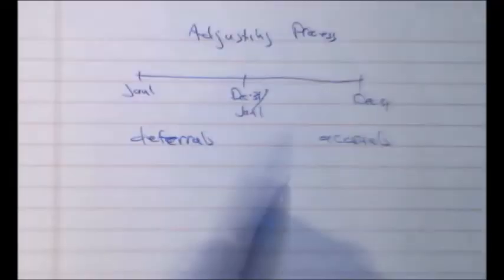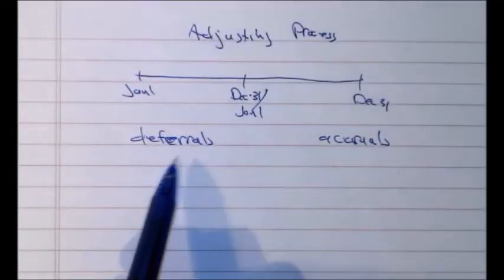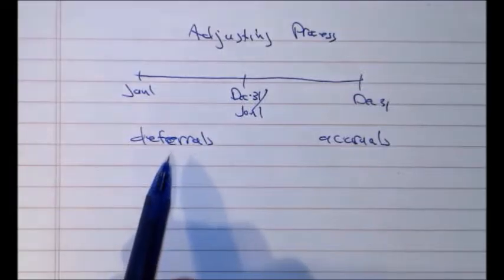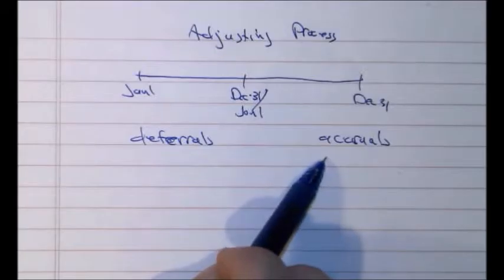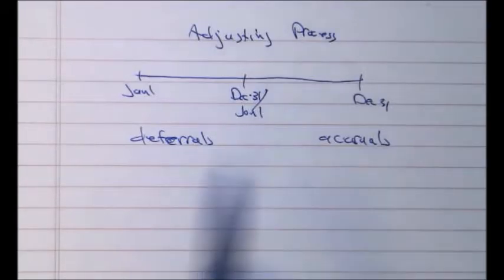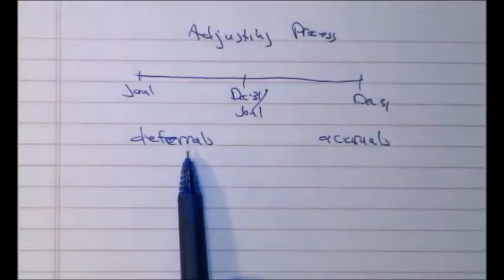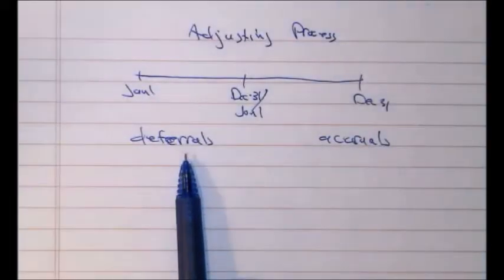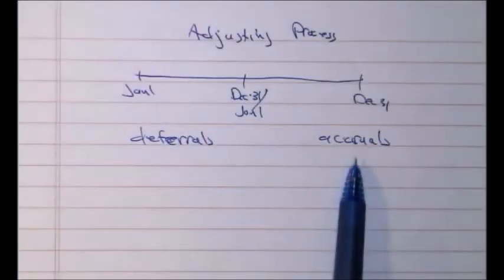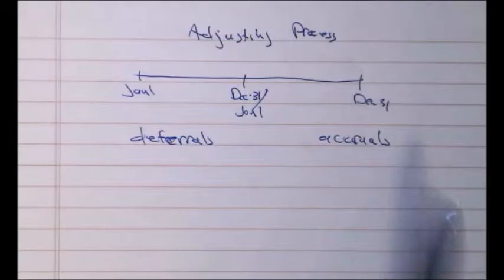And defer in our context means to put something off, to postpone something. And to accrue means to bring something in. So with deferrals, something has been postponed, and here it's being brought into the system.